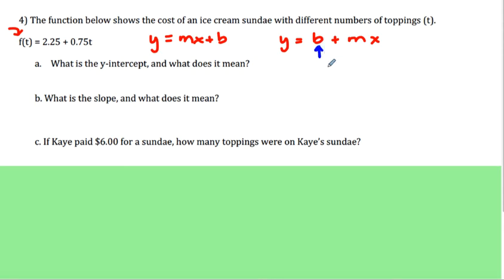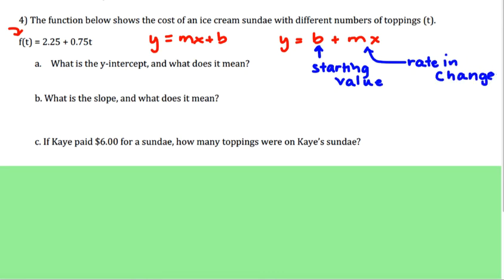Now, we've talked about that the b is the starting value of whatever you're looking at, and m is the rate of change. But when I ask for it in context, that's not what I'm asking you to tell me. So let's look at this. It says the function below shows the cost of an ice cream sundae with different numbers of toppings. What is the y-intercept?